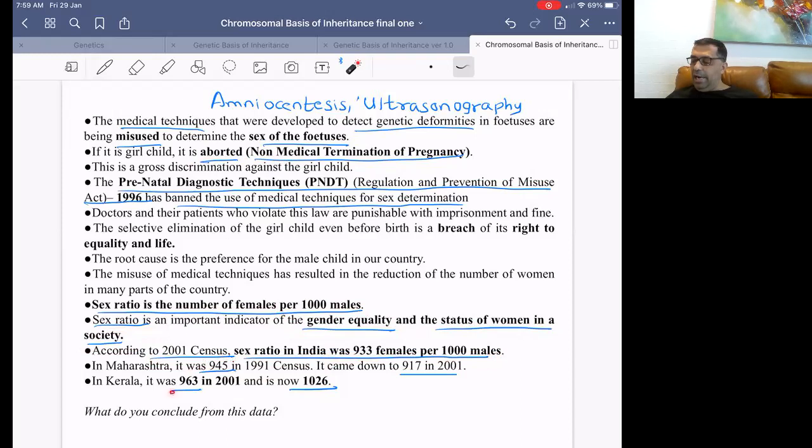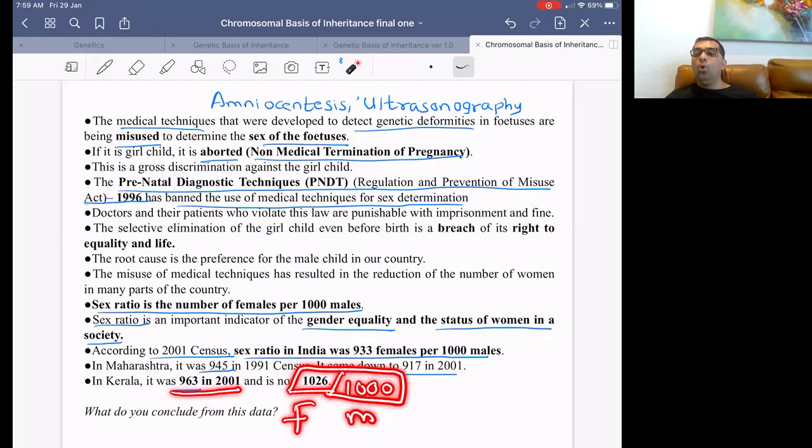In Kerala, it was 963 in 2001 and now is 1026 females compared to 1,000 males. So the sex ratio is favorable to females compared to males.